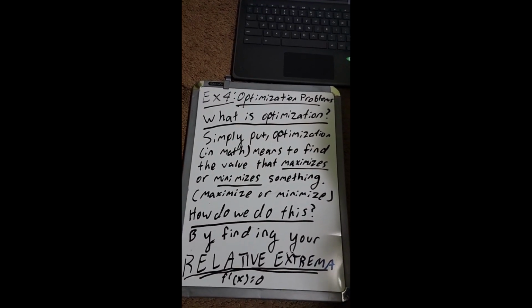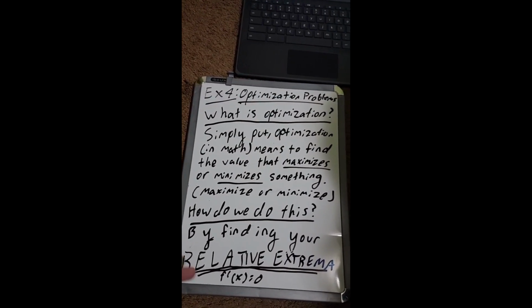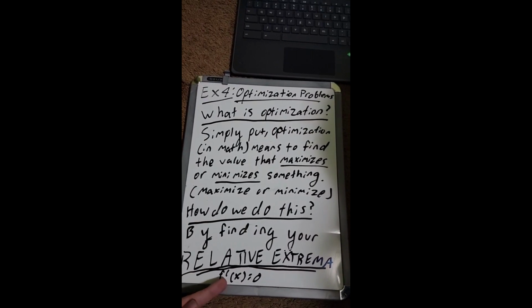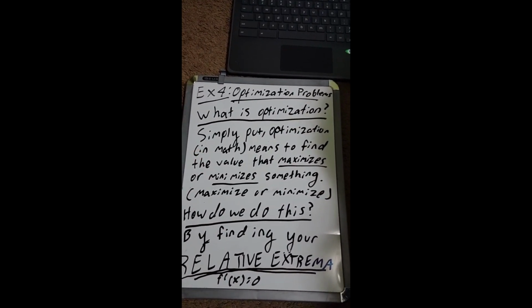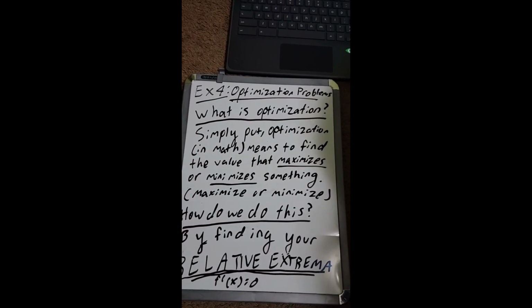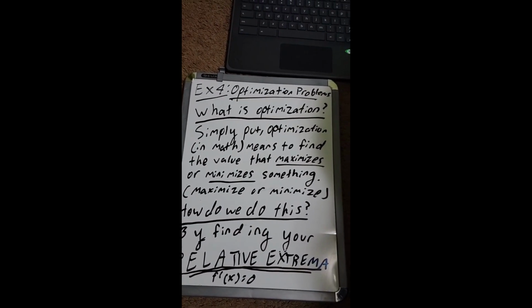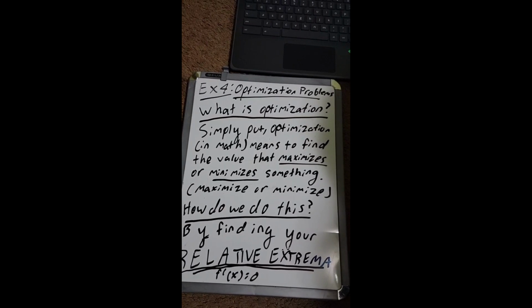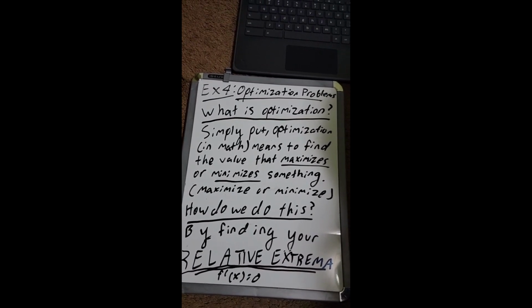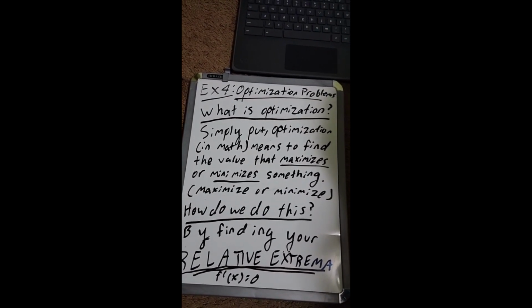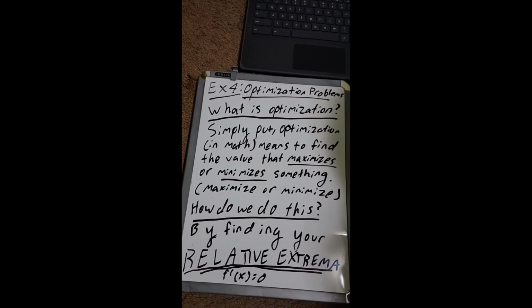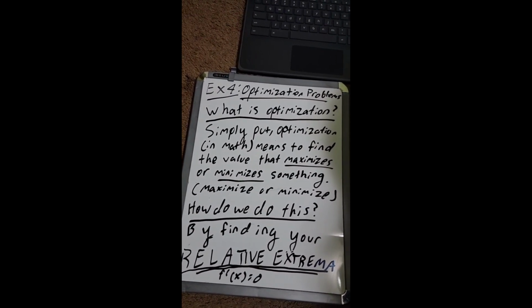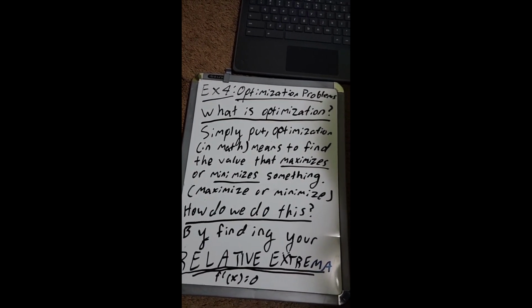By finding your relative extrema, that is, setting your derivative equal to 0 and finding these values that optimize your function. So that's all that optimization is. So I'm just gonna erase this, get example 4C on the board, and I'll get you guys started.